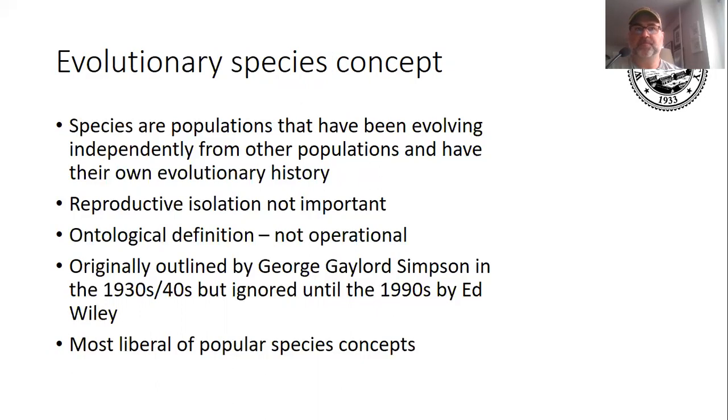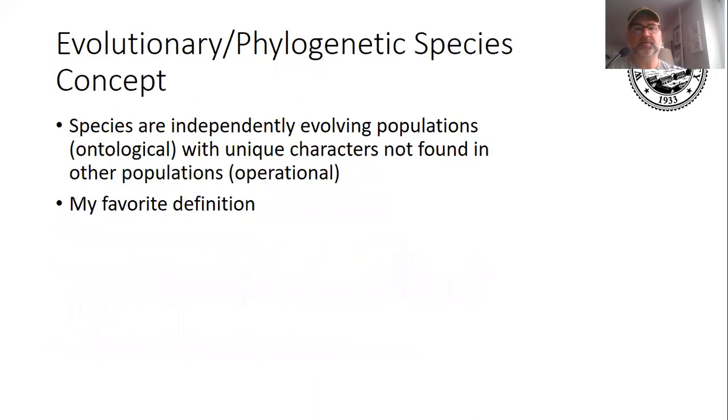I say most liberal because you don't need to recognize different alleles; you can just assume that, say, species on the Galapagos are different from those on the mainland, because there's no way for them to interbreed. And so, of course, they're different species. And so it lacks an operational aspect.